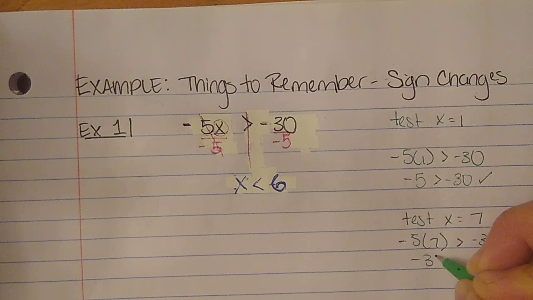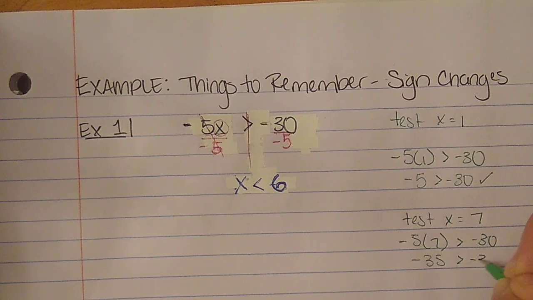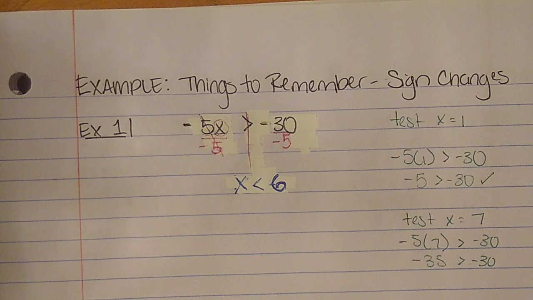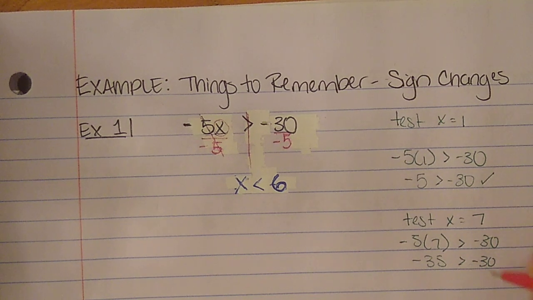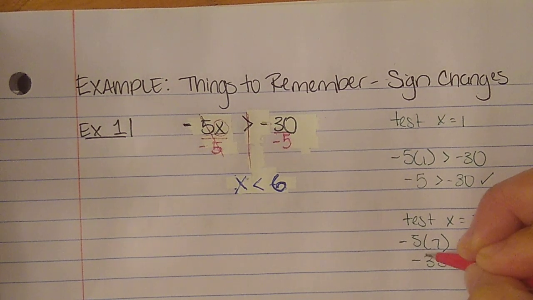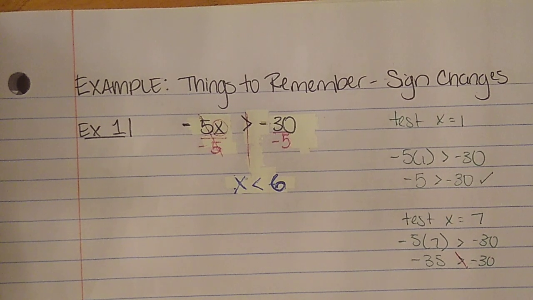Negative 5 times 7 is negative 35, and that is not greater than negative 30. Negative 35 is further away from 0. It is smaller. It is a lower value than negative 30, so this is untrue, which is why we need to make sure we flip our inequality, because dividing by a negative just changes the direction of everything, or multiplying by a negative. So please keep that in mind when you are dealing with inequalities.